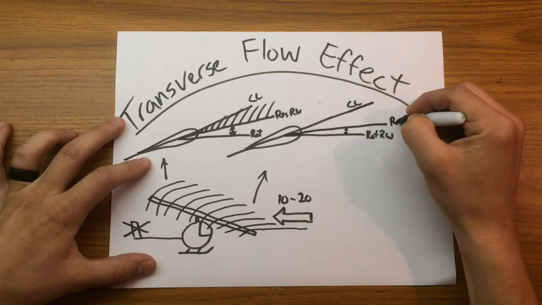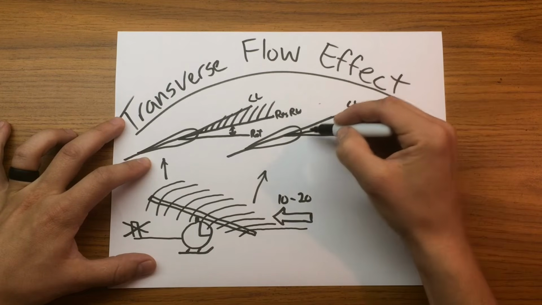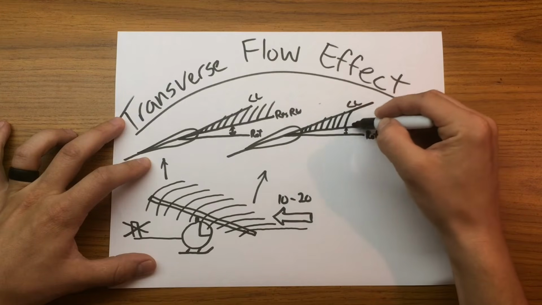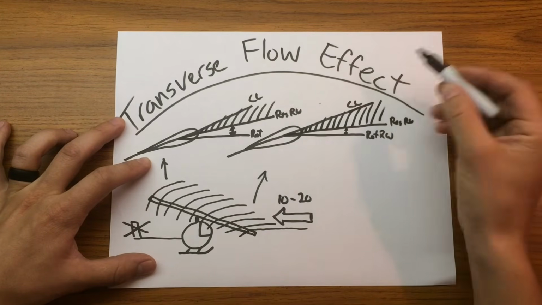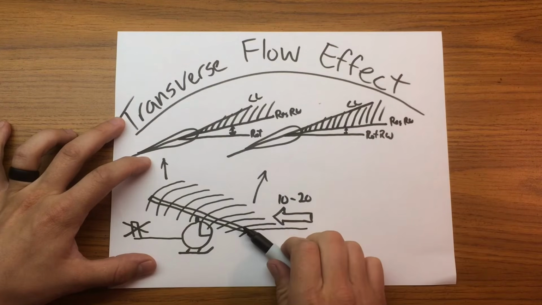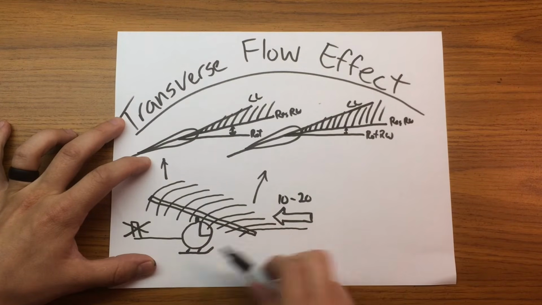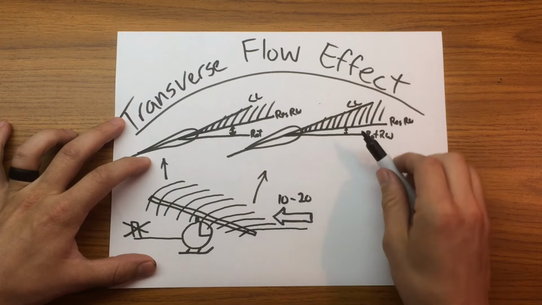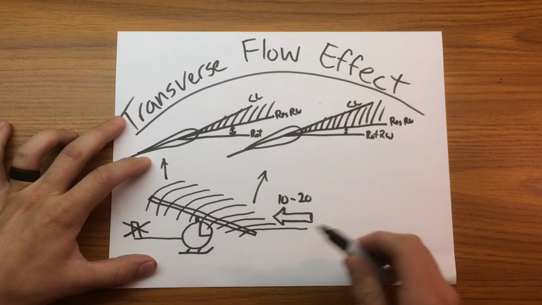Now we have our resultant relative wind. Now we have this area for our angle of attack, this area of lift. It's a larger angle than this angle. We're getting more lift on the front half of the blade than on the aft half of the blade. So more vertical air, less lift, more horizontal air, more lift.